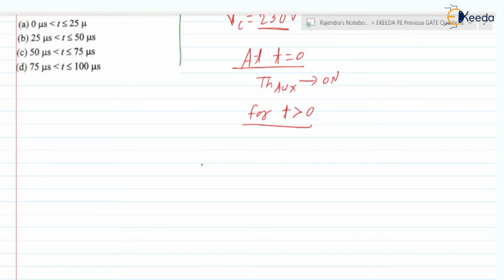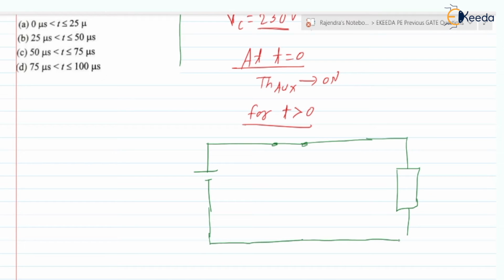For t greater than 0, in the circuit we will have two loops. One is the current flowing through the main thyristor and the load. This is the current flowing from the source towards the load, right?